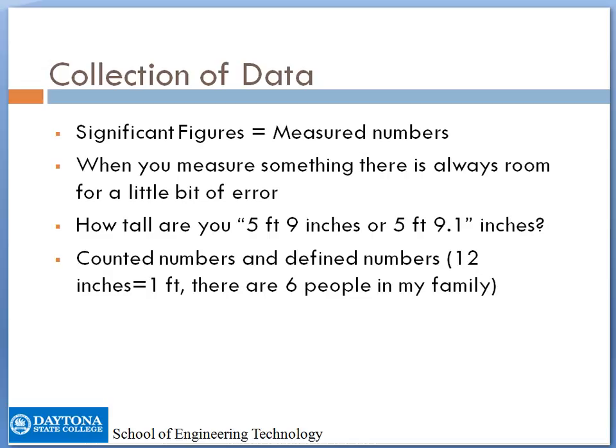So there's room for a little bit of error. Also, you have counted numbers and defined numbers. For example, we know that 12 inches is equal to 1 foot. Or you can say, well, I have 6 people in my family. It has no decimal values.